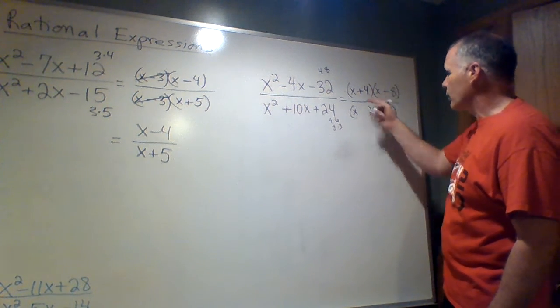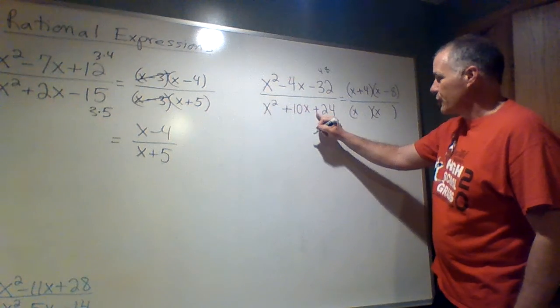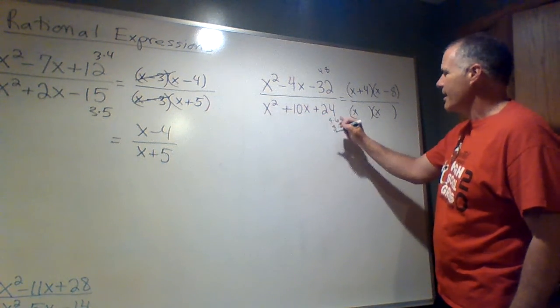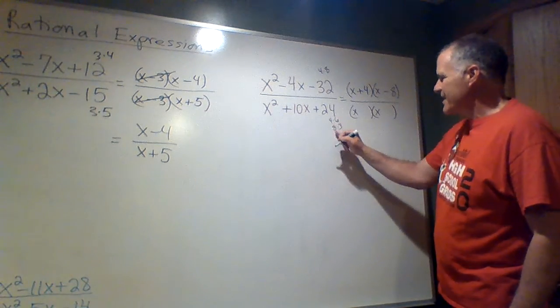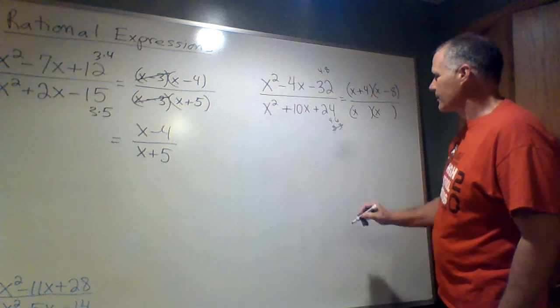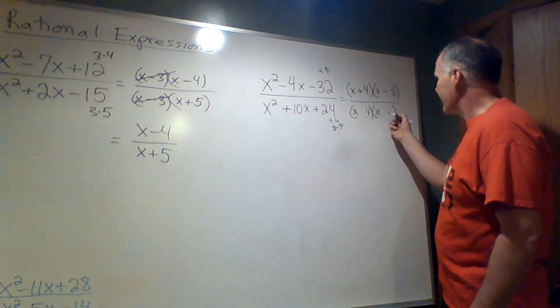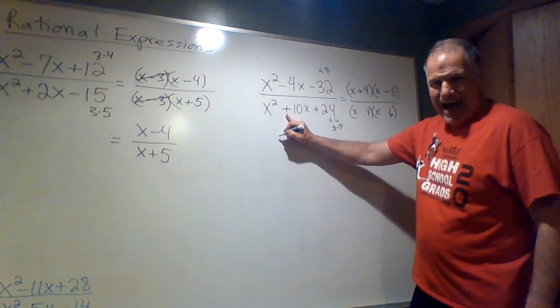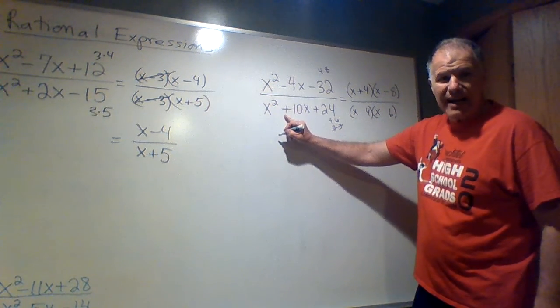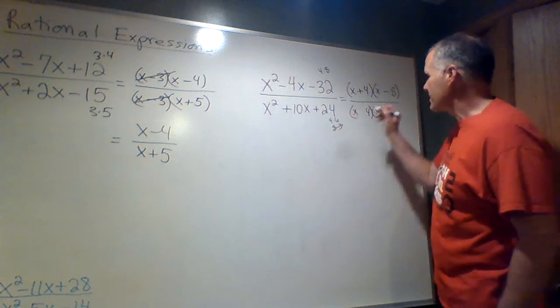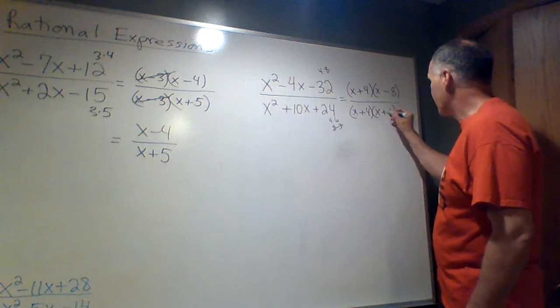Now remember, your third term, the 24, is positive, so we're trying to add up to 10. 4 and 6 add up to 10. 8 and 3 add up to 11. So it's not 8 and 3, it's 4 and 6. And then remember, if I'm adding, both signs are the same as the middle. Since I'm going to add up to a positive 10, both positive.